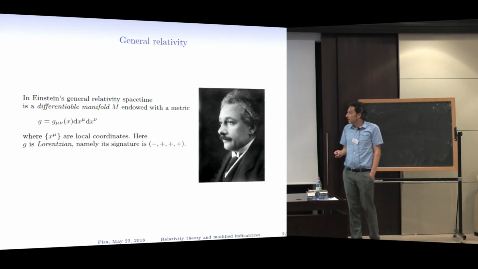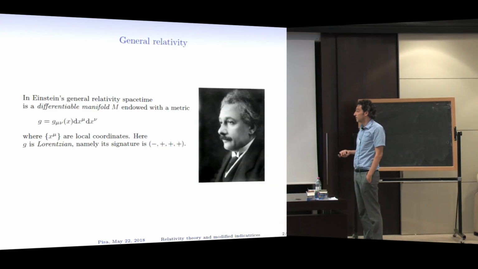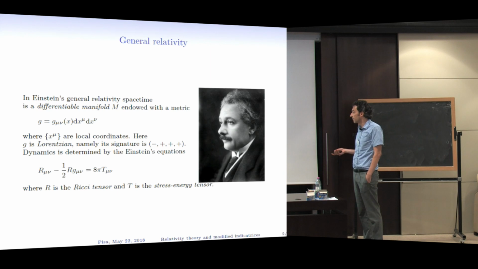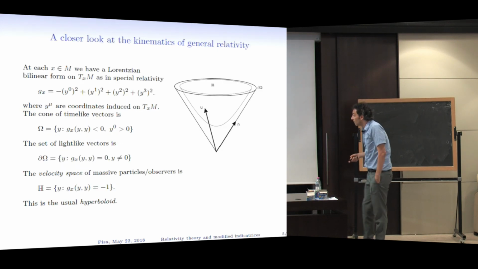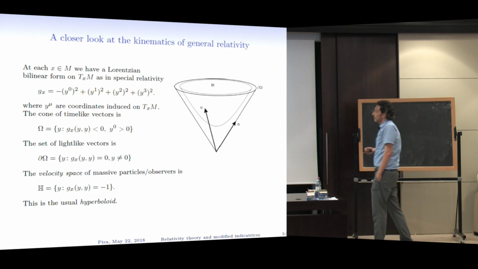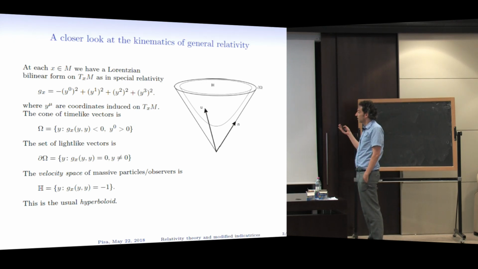As you know, Einstein general relativity is based on a differentiable manifold with the Lorentzian metric, and the dynamics is determined by the Einstein equation, where R mu nu is the Ricci tensor and T is the stress energy tensor. Let us have a closer look at the kinematics of general relativity.